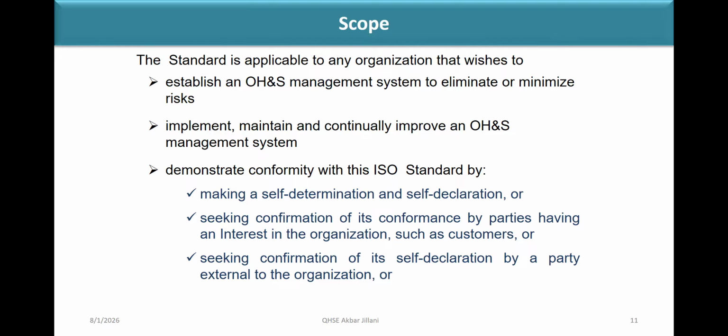Demonstrate conformity with this ISO standard by making a self-determination and self-declaration, or seeking confirmation of its conformance by parties having an interest in the organization, such as customers, or seeking confirmation of its self-declaration by an external third party to the organization. So when we have a scope of work, some third party will also be involved in this.